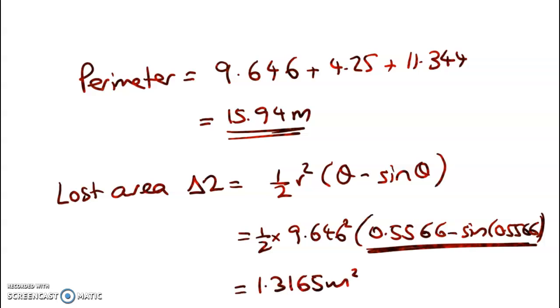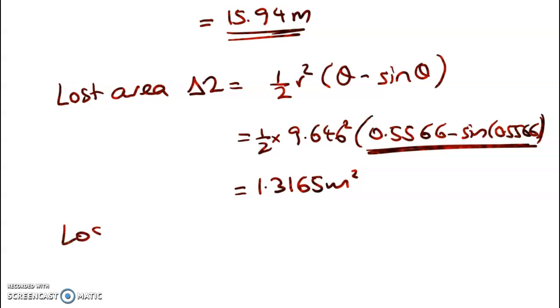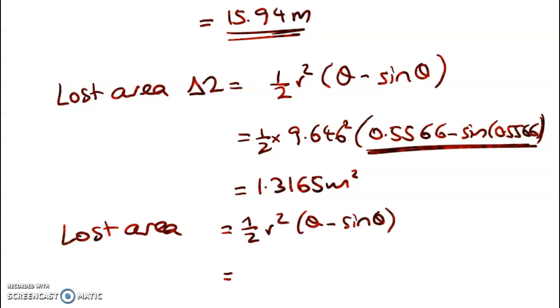So that's that second lost area, and the third lost area is a half r squared times this, which works out to be, I'm putting all of the working in on purpose, just so that you can see that it actually doesn't take that long.